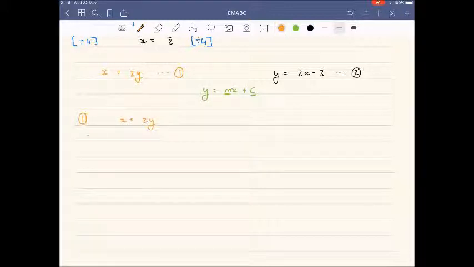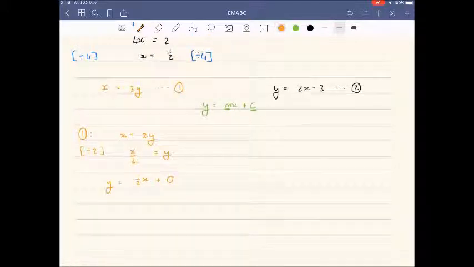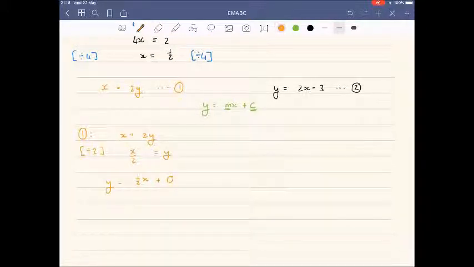If we divide both sides by 2, we have x over 2 is equal to y. So therefore y is equal to 1 over 2x plus 0, right? And that is the form mx plus c. The m is a half and the c is a 0.